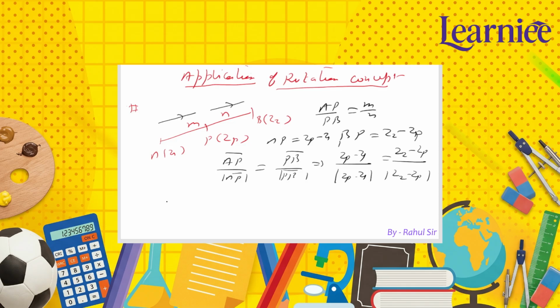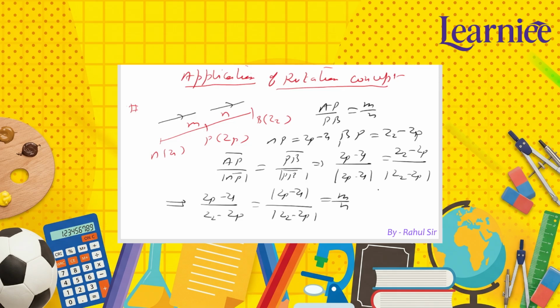So essentially what I will get is zp minus z1 upon z2 minus zp is the ratio of the magnitudes, zp minus z1 magnitude upon z2 minus zp magnitude. So the ratio is nothing but m is to n.